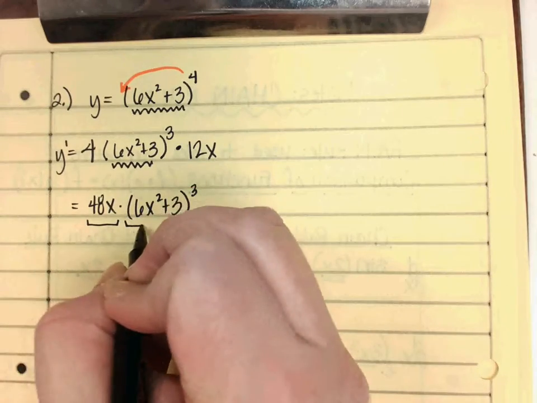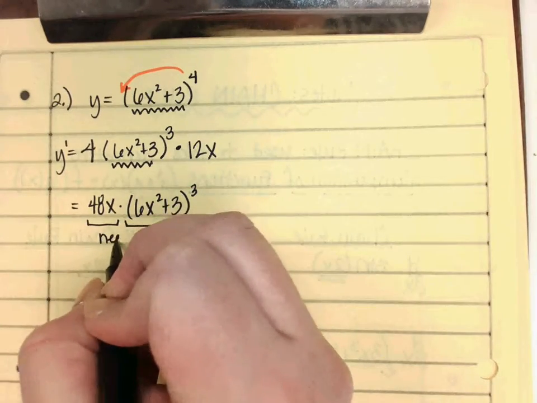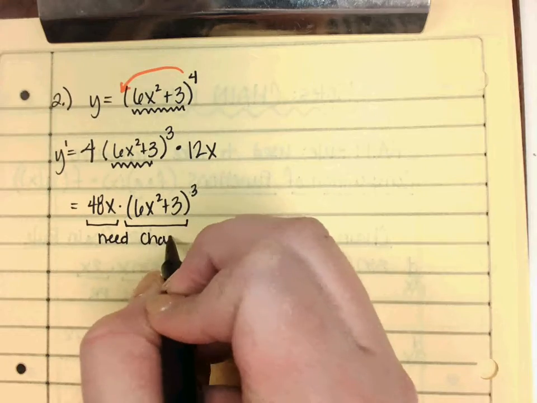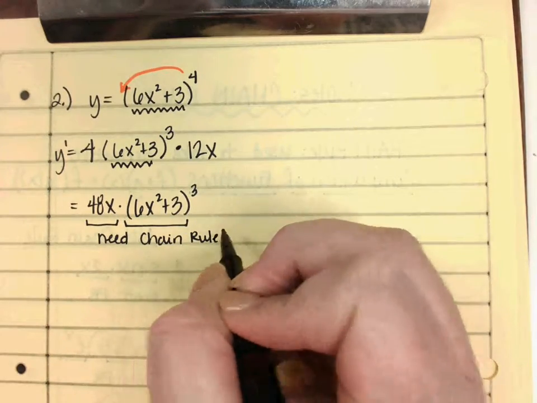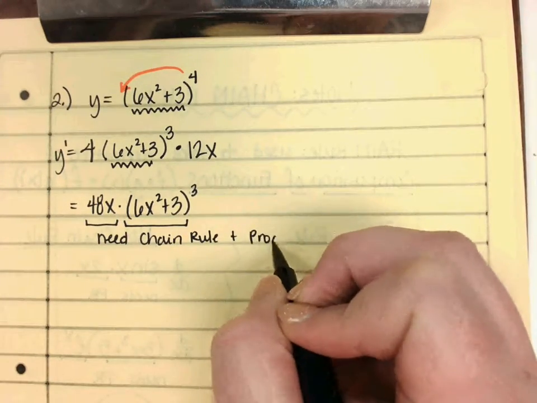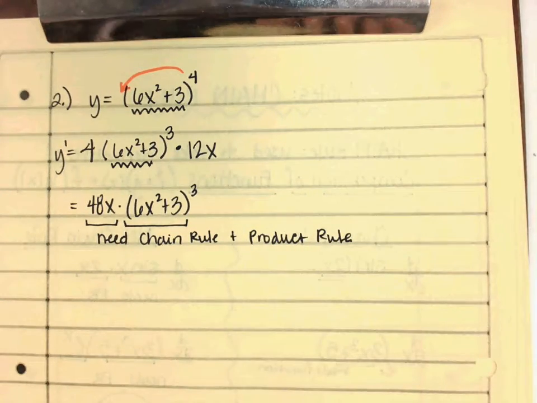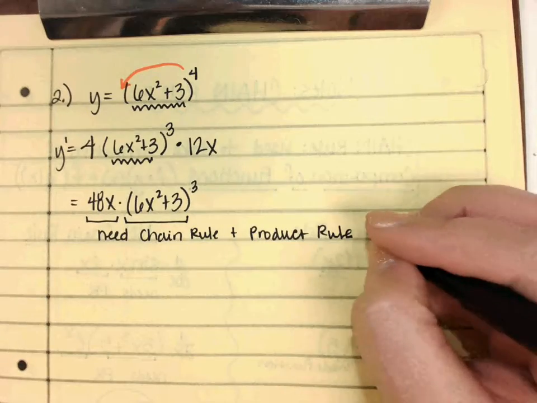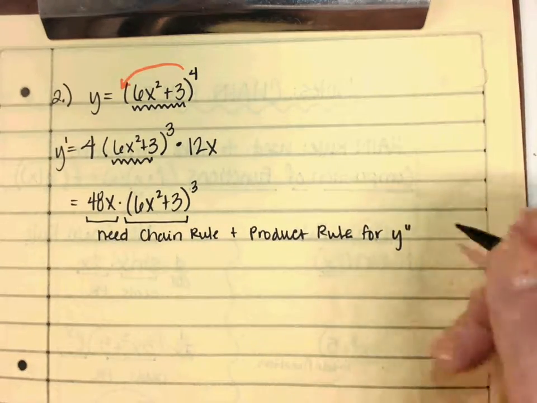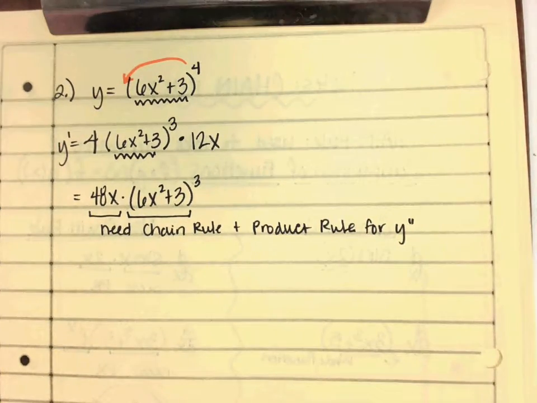Okay, this would now need chain rule and product rule. Now, I'm not going to make you do that one, but we are going to do that type of problem tomorrow. Eventually you'll have to do it for y double prime. But like I said, we're not doing that today, but you should notice that now I have two separate functions times together. I would need product rule at that point.